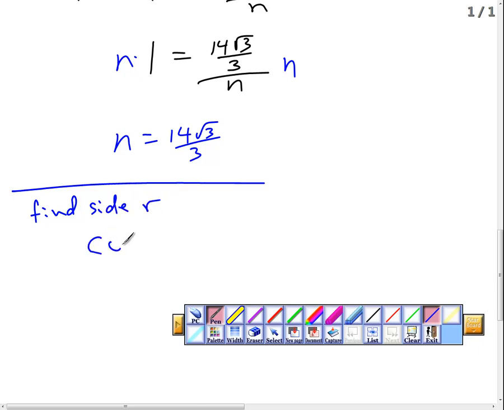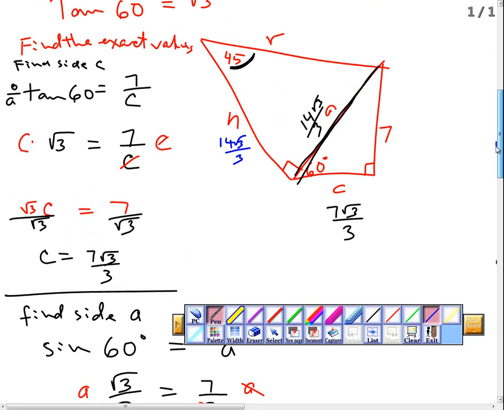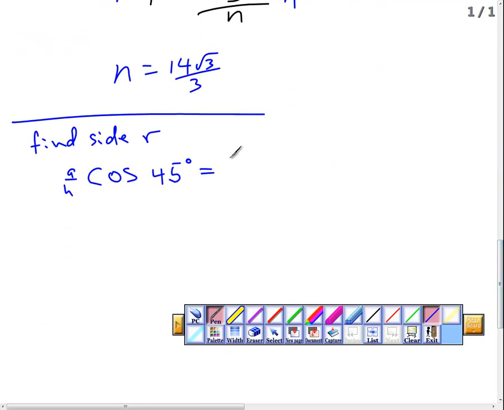So here we have cosine of 45 degrees equals adjacent over hypotenuse, right? Whether it's adjacent or opposite, it's still going to be 14 square root 3 over 3, right? Over r.